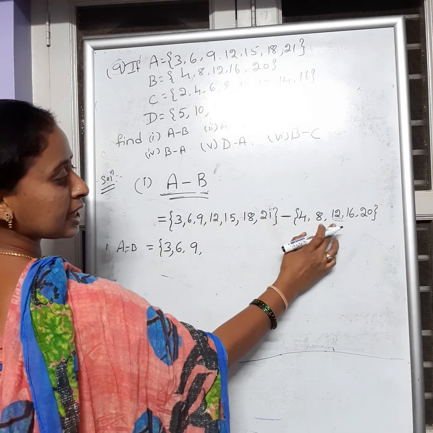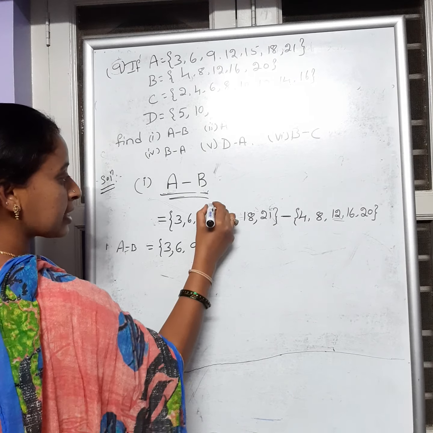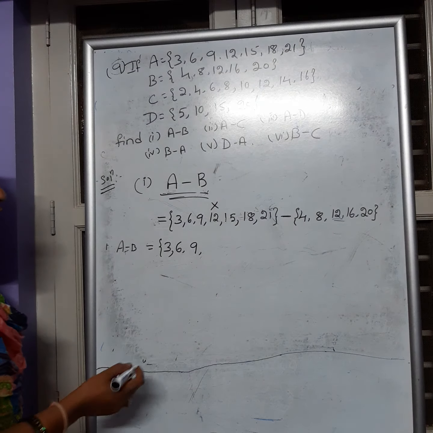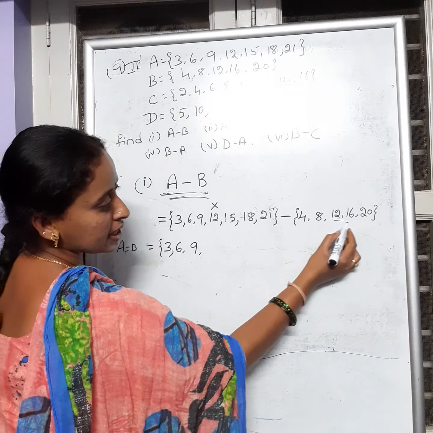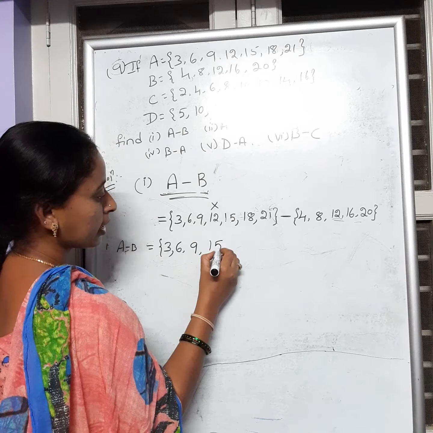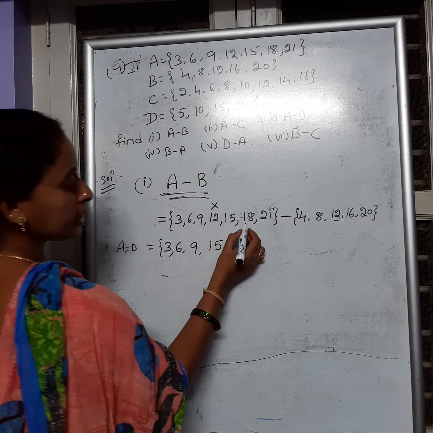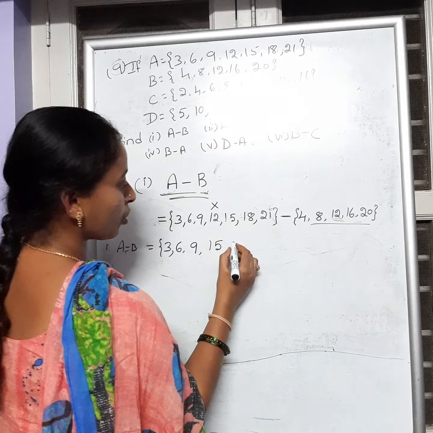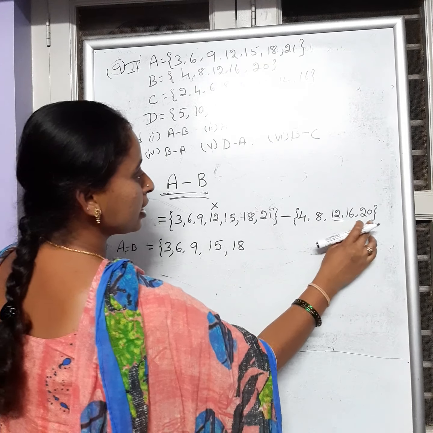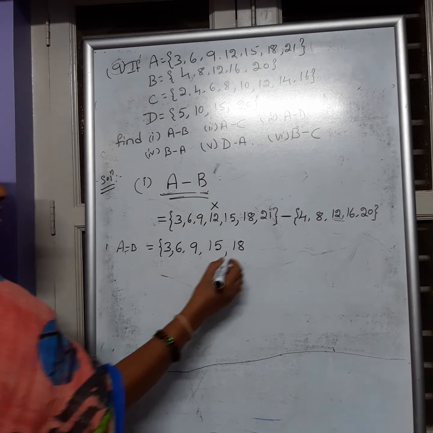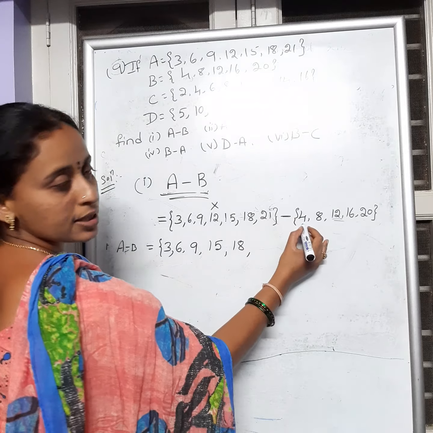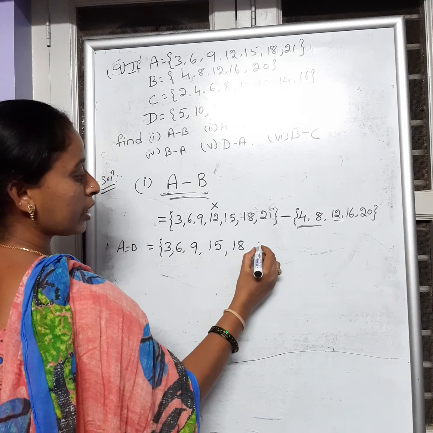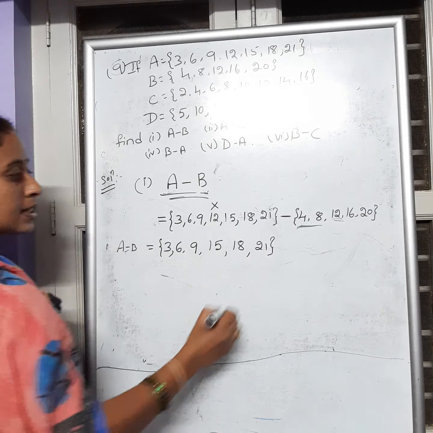If 12 is present in this set, we cancel that. Next 15. Is 15 present in this set? No. Then consider. Next 18. Is 18 present in this set? No. Then consider 18. Next one 21. 21 is not present in this set. So therefore 21 also we consider.